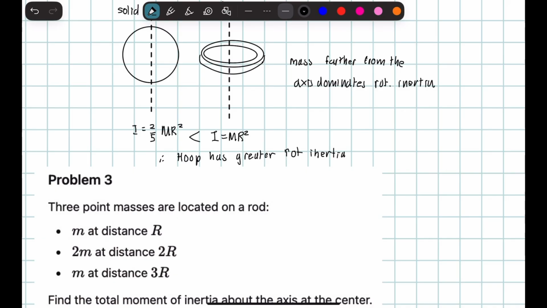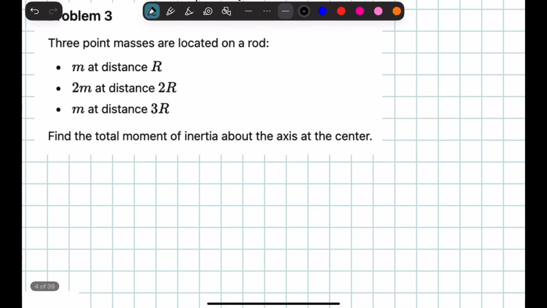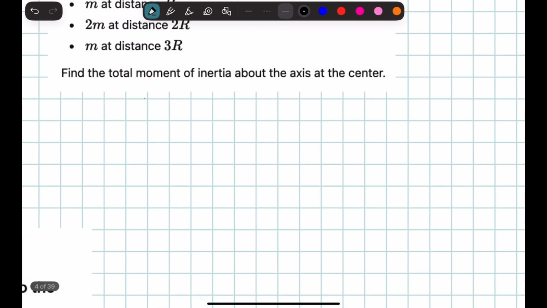Now let's continue with our third example. 3 point masses are located on a rod: m at distance r, 2m at distance 2r, and m at distance 3r. Find the total moment of inertia. We can use the definition that inertia is equal to the sum of mr squared. So I is going to equal mr squared plus 2m times (2r) squared plus m times (3r) squared.